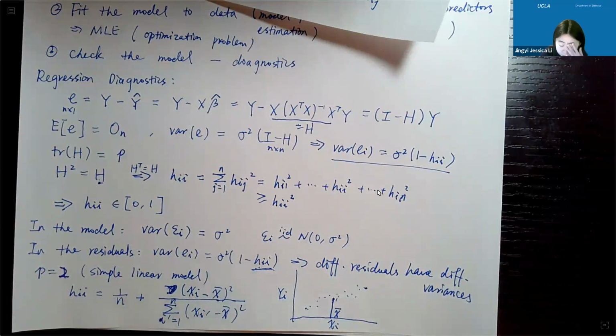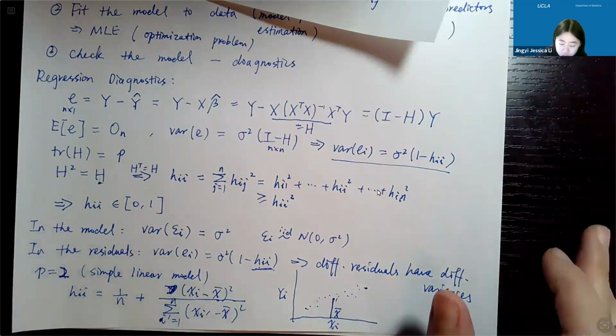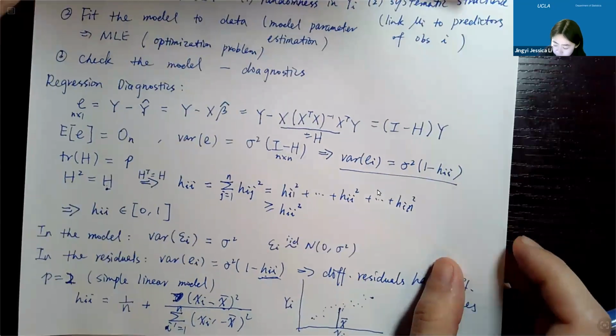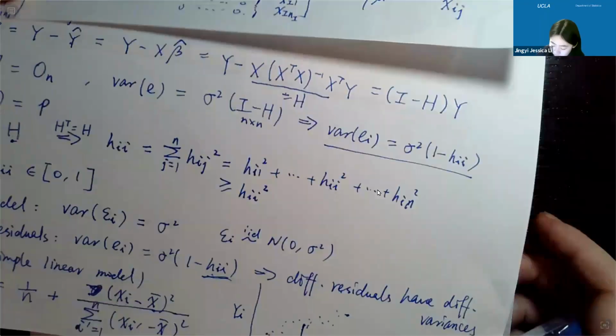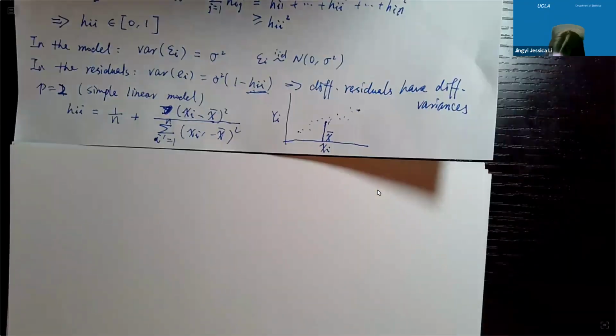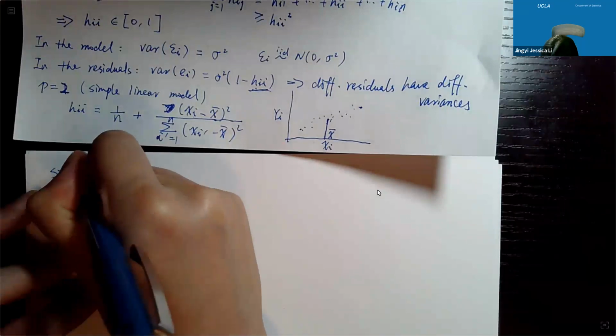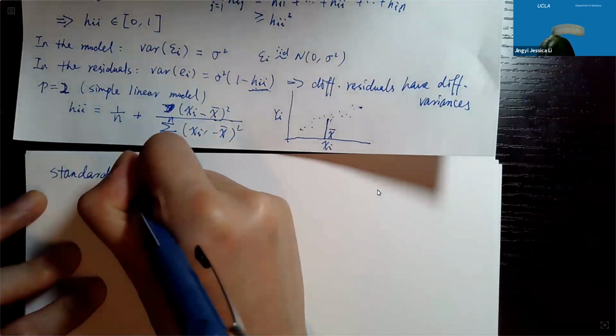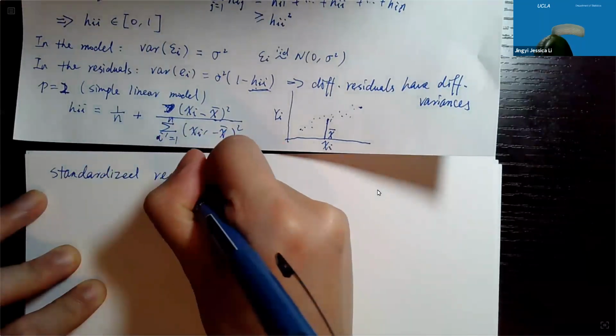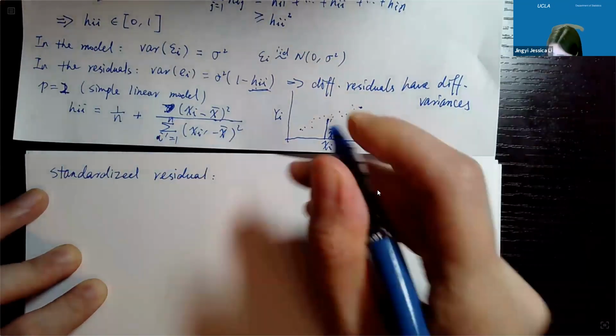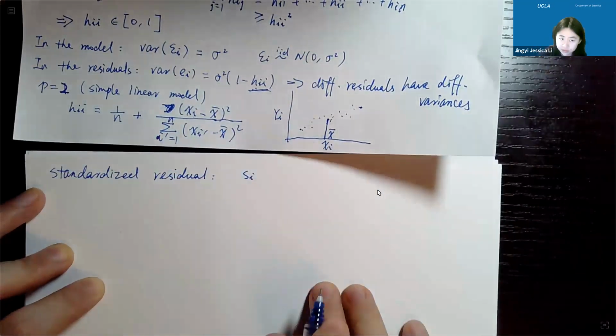That's why it motivated us to talk about standardized residuals instead of just the residuals. We want to divide by this part so that the standardized residuals share the same variance. Let's call it s_i, where s stands for standardized.